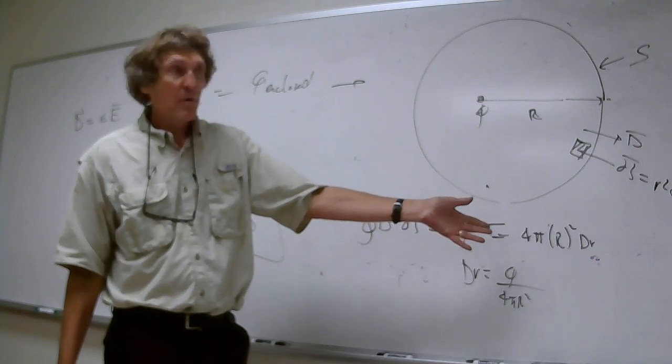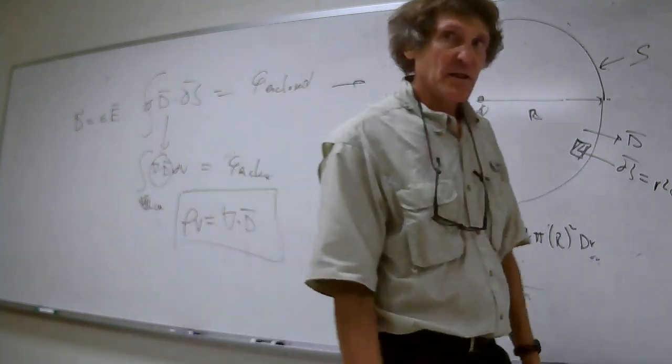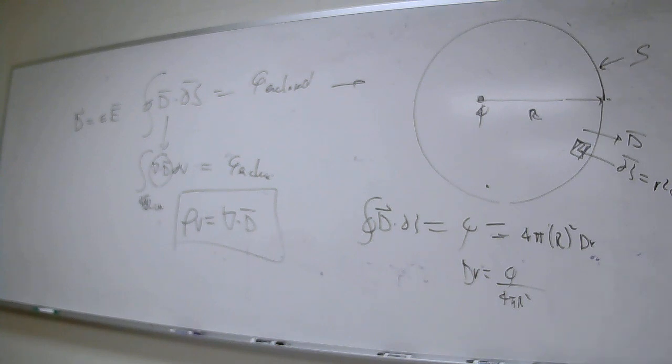Now, what happens with a line charge before I let you go? What do you think happens? Got an infinite line charge, right, on the z-axis. What we're going to talk about is whether you can place a surface around there that can exploit symmetry.